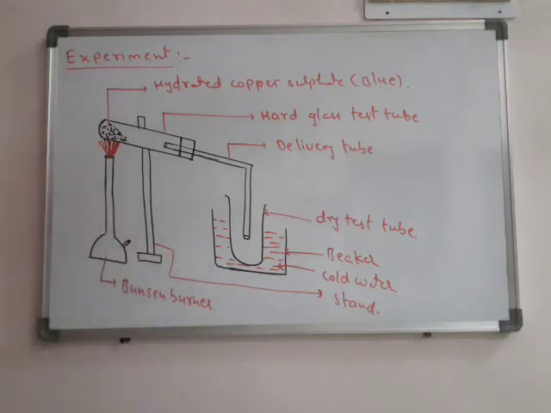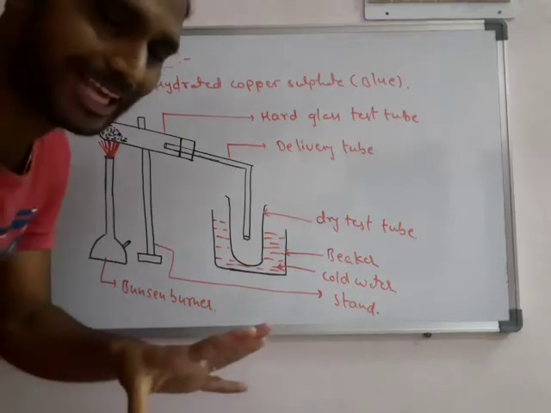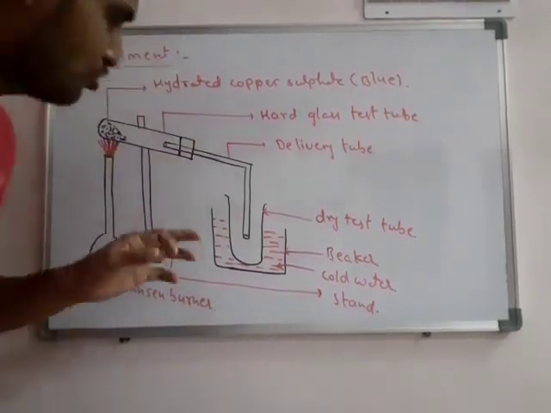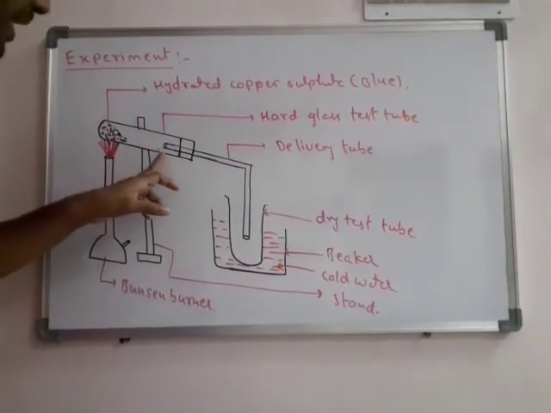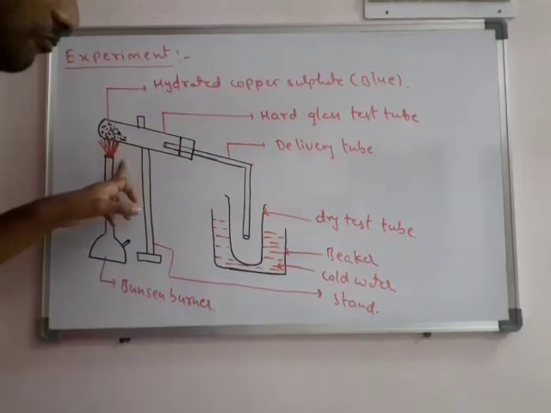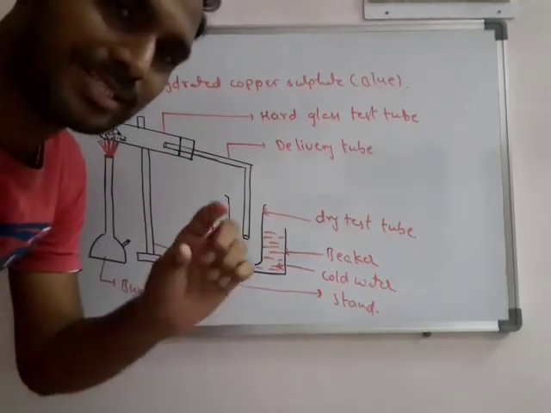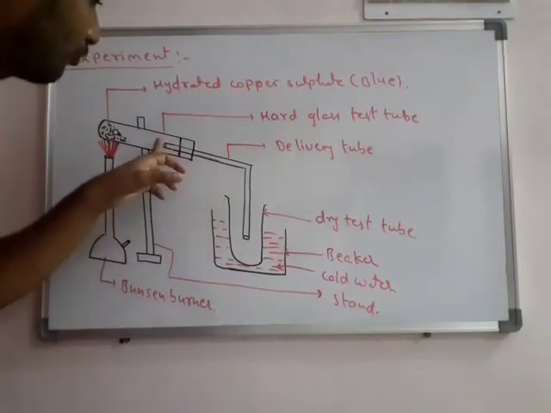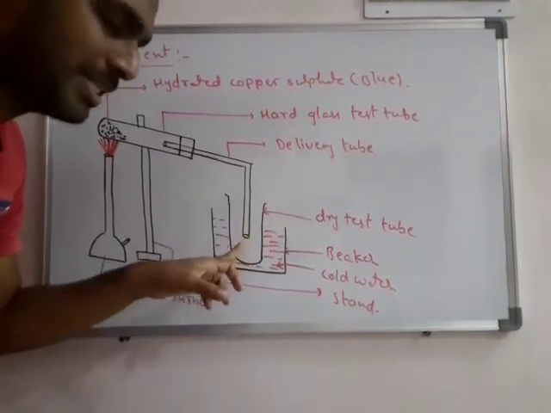So this is about the arrangement for our experiment. Take the test tube which contains hydrated copper sulfate and fix it to a stand, in which a side tube is fixed.